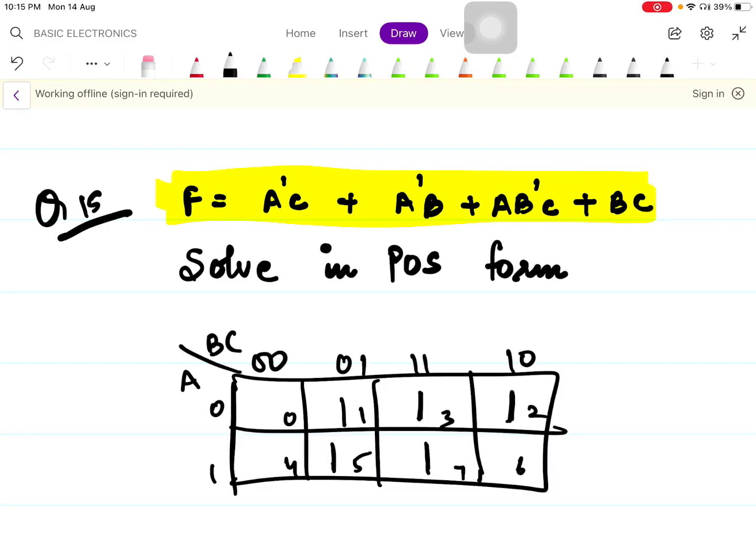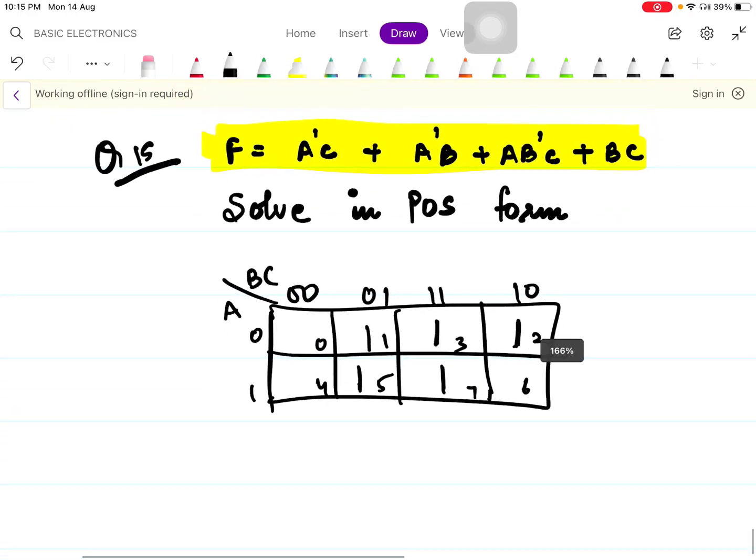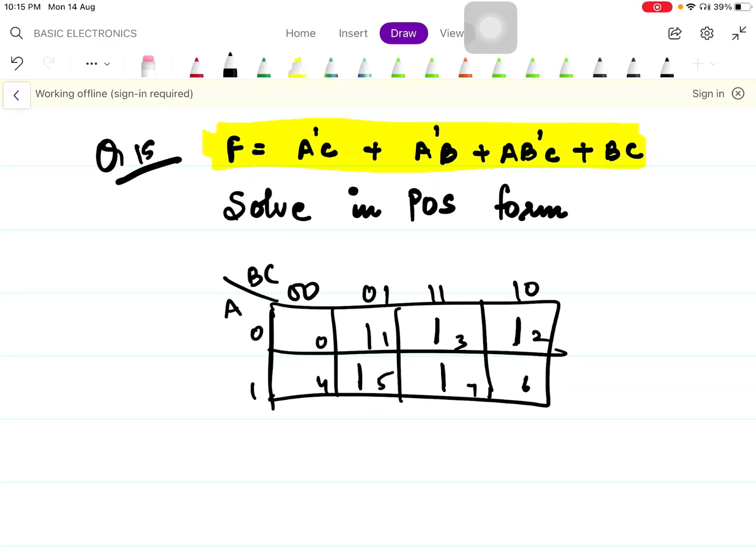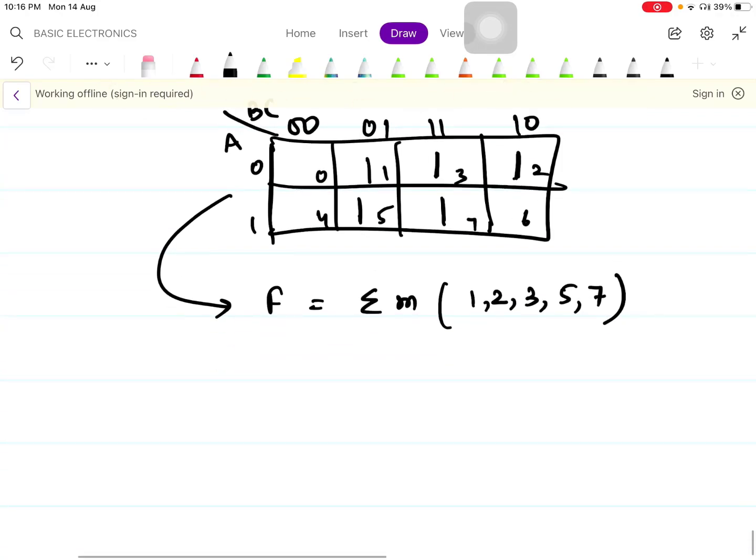Okay, so these are the minterms, but we have to solve the answer in POS form, so we need maxterms. Let's first write the minterms: 1, 2, 3, 5 and 7. Now we can calculate the maxterms from here. The maxterms will be the remaining blocks, that means 0, 4 and 6.